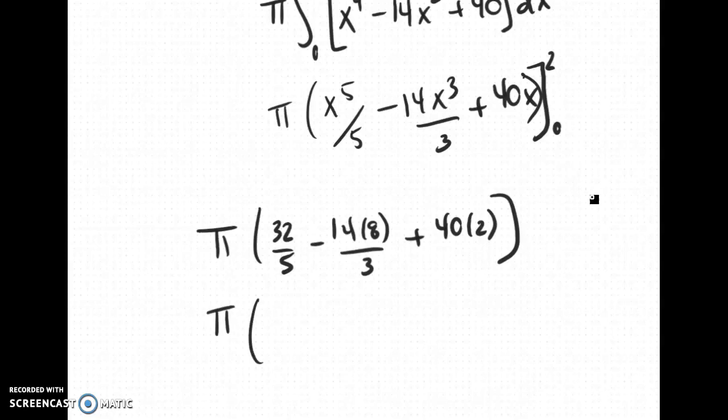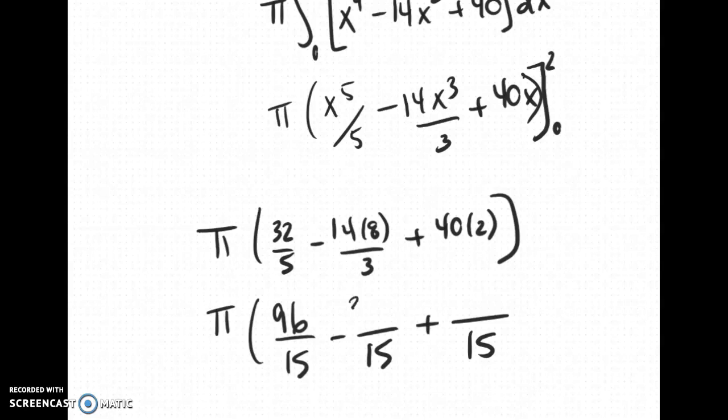And so let's combine, because we want an exact value, let's get our common denominator, which would be 15. And so changing this to a common denominator of 15, the numerator would be 96. 14 times 8, and then we'll have to multiply that by 5 to get a common denominator. That's 560.